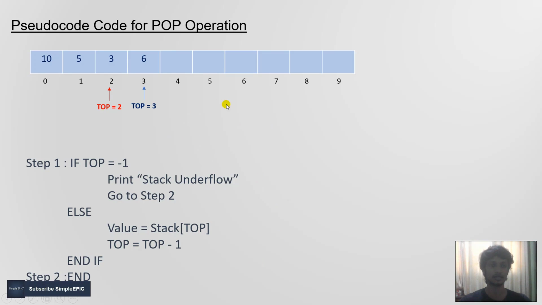So what I have described is this scenario, or this pseudocode. As you can see in our pseudocode, we will first check whether top is equal to -1, because we want to know if our stack is empty. If our stack is empty, we can't perform any deletion operation. If we attempt the operation, it will say stack underflow, because the stack doesn't have any element, so it can't perform any pop operation.